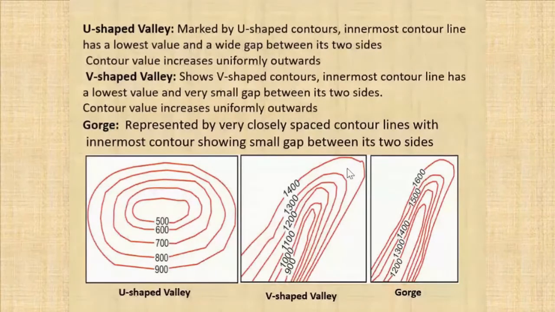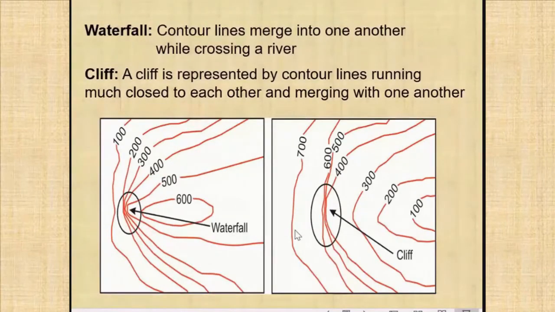See the central figure on your screen. The gorge is represented by closely spaced contour lines with the innermost contour showing a small gap between its two sides. See the right figure. In waterfall, the contour lines merge into one another while crossing a river.